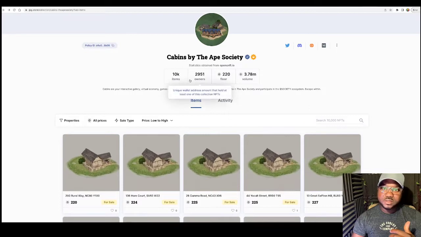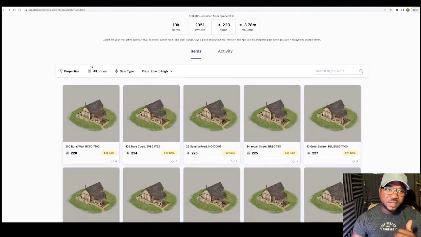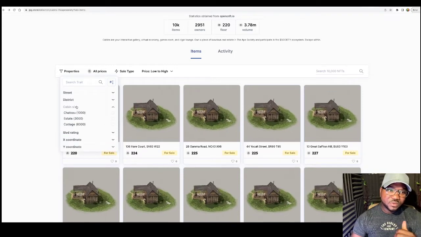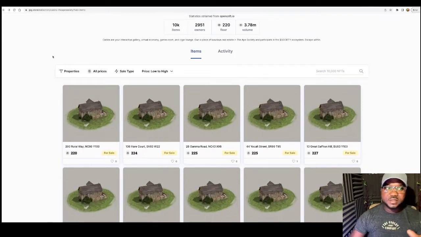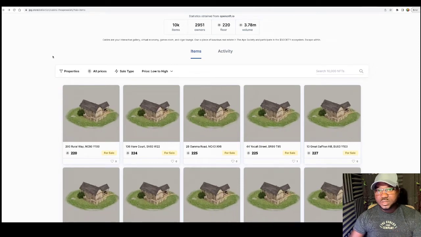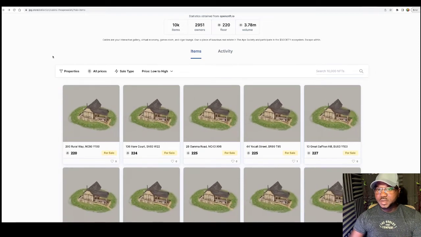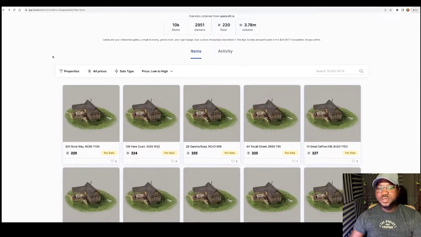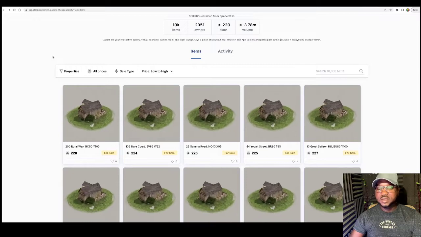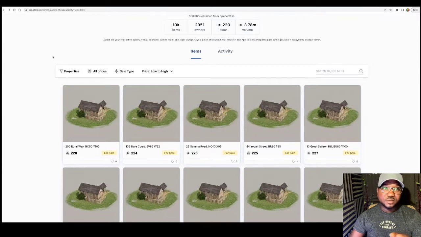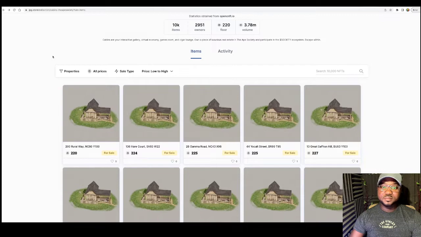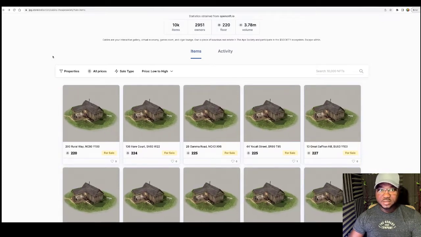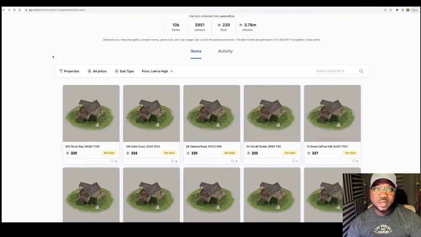So we're just going to look at them one by one here. And by the way, we're on the JPEG store, where you can buy cNFTs, and this is where you can get your Cardano Ape Society apes, as well as pick up your real estate for the Ape Society.